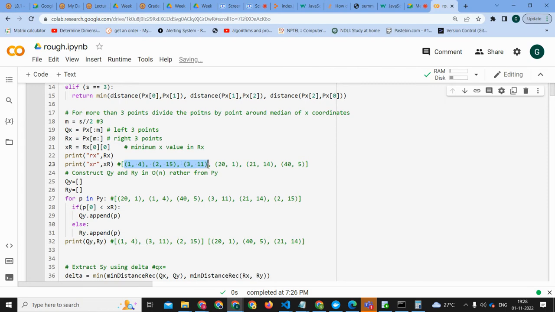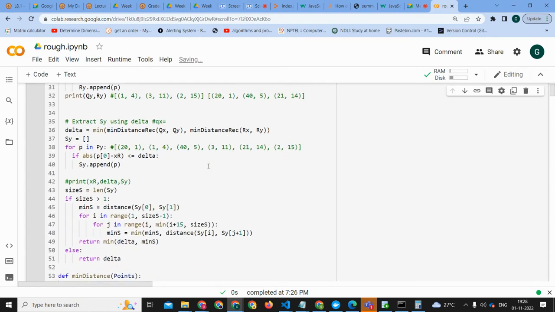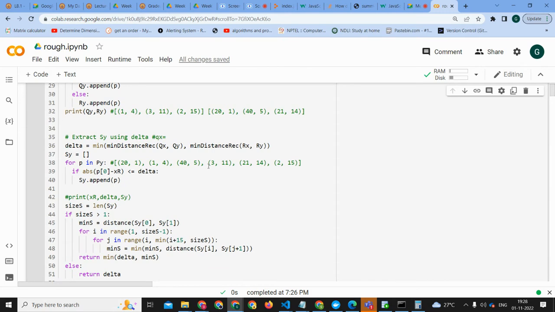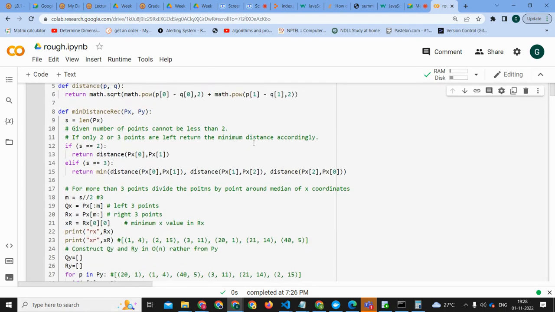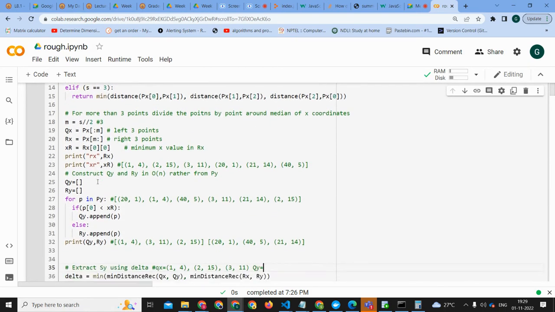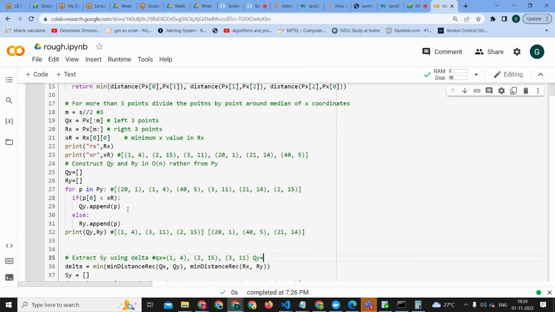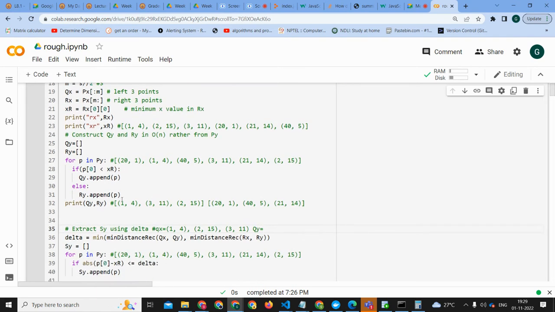And QY will be based on, I'll plot it and show you. Do you have any question? No, okay. So this is QX. And the QY equals, here it is. This is what QY is.